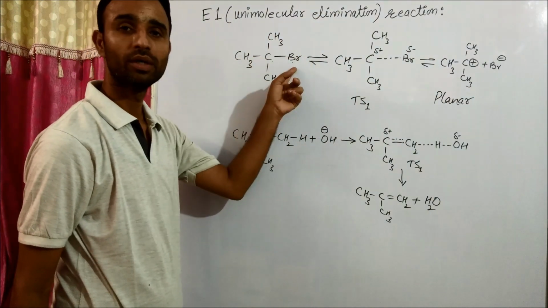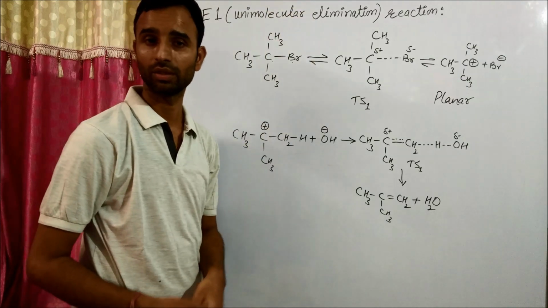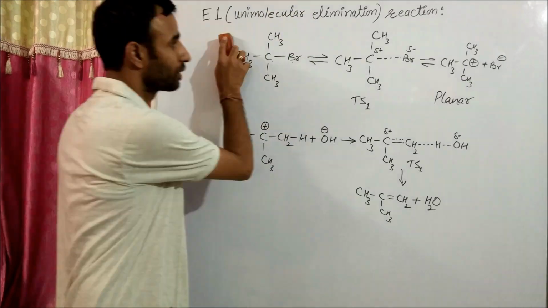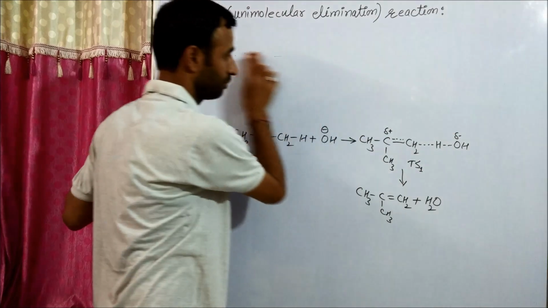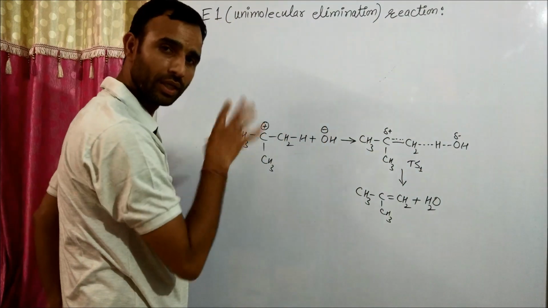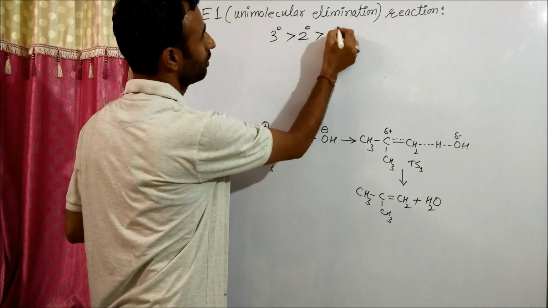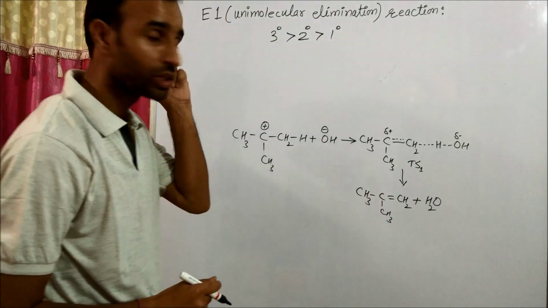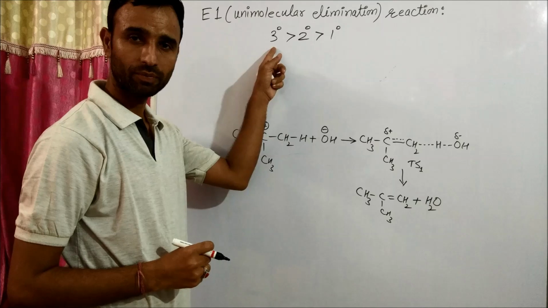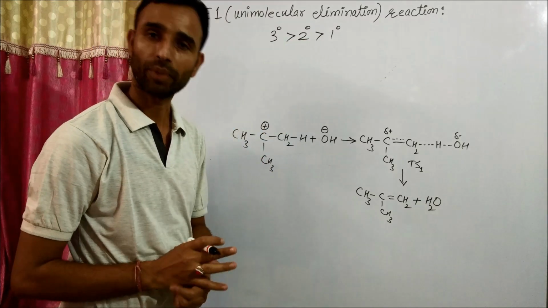If it is good, then the E1 reaction takes place easily. The order of reactivity of alkyl halide in E1 is again the same: tertiary, secondary, primary. Tertiary alkyl halide is most reactive, then secondary, then primary.